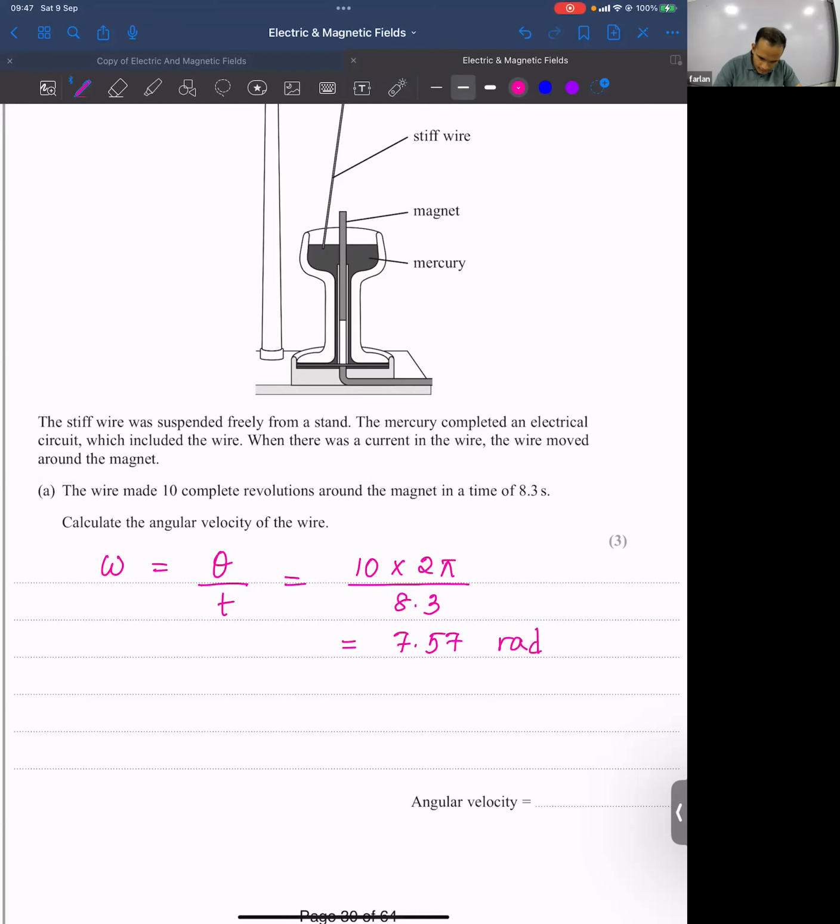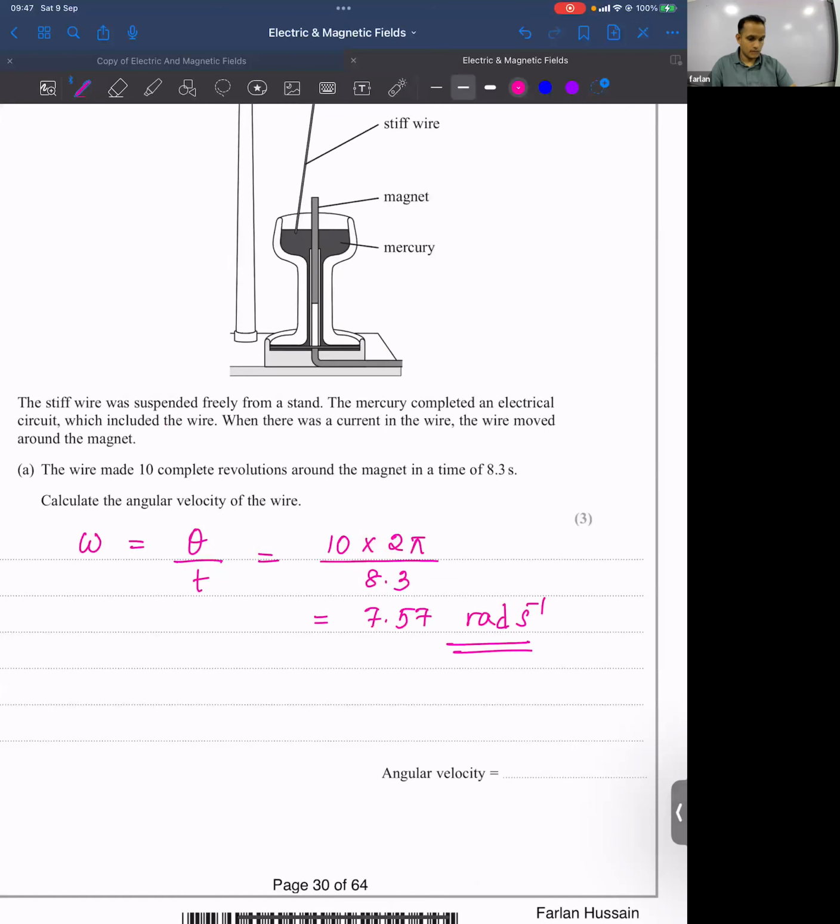This is easy marks. 7.57 radians per second. This I would consider to be the easiest 3 marks of the paper.